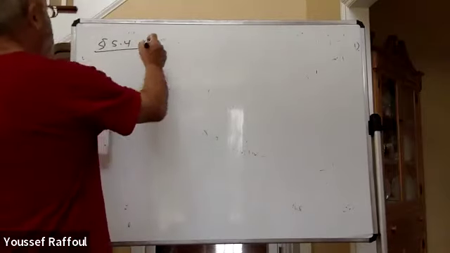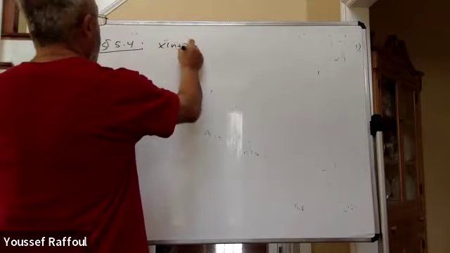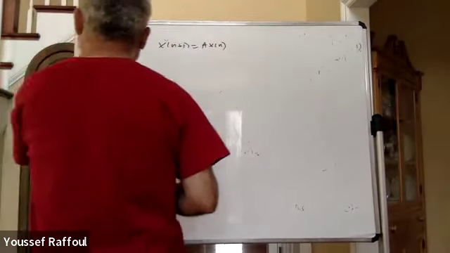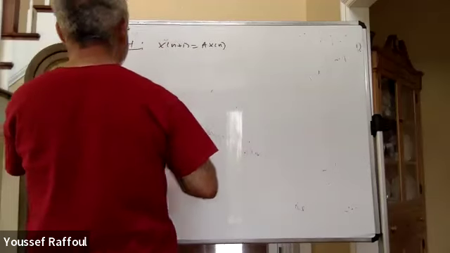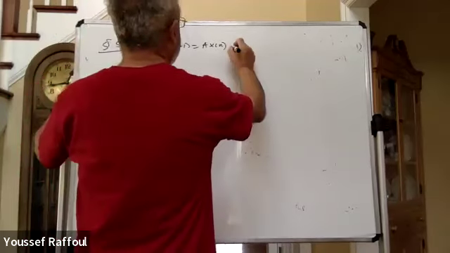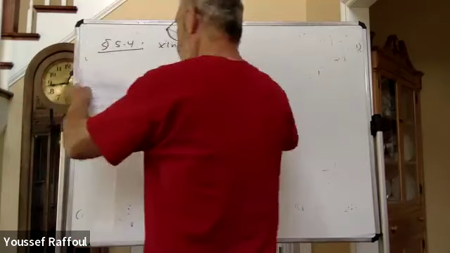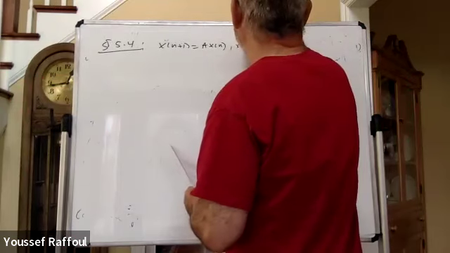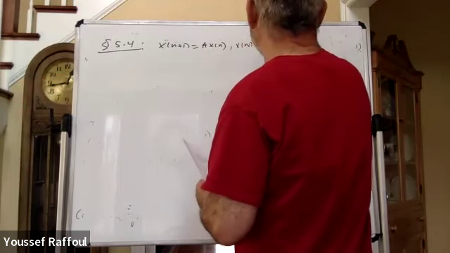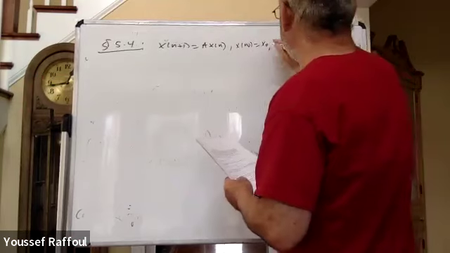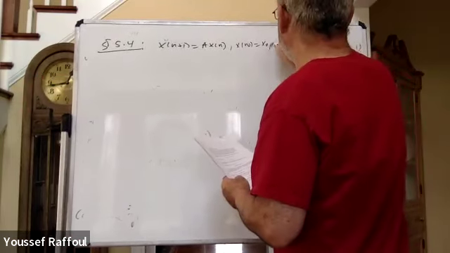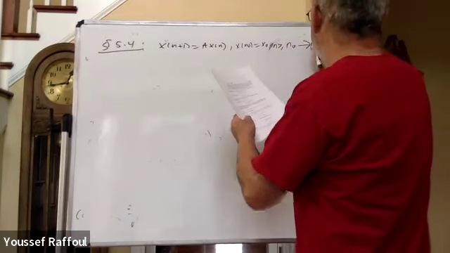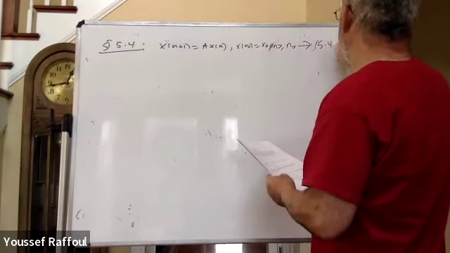So we're going to look at x_{n+1} = A x_n, with x_{n0} = x_0, for n bigger or equal to n0, and that is 5.4.1.